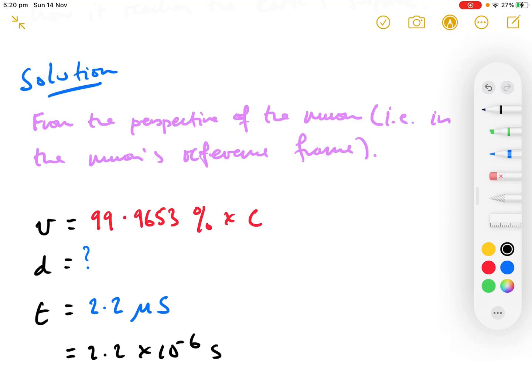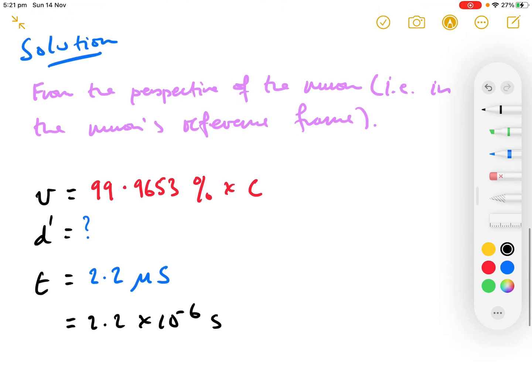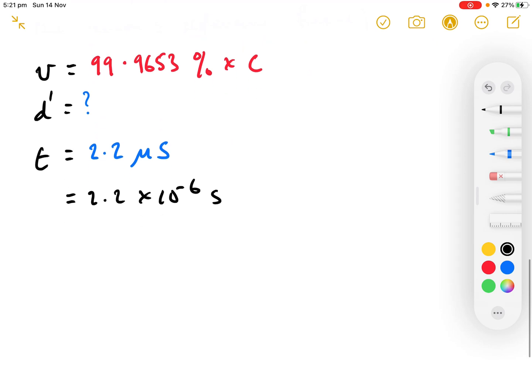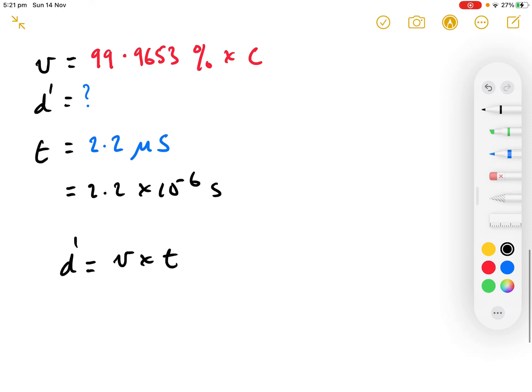So this muon is going to see the contracted length, which I'm going to call d dash. Let's look at what length the muon thinks it has travelled. We can simply say that distance equals speed times time, and this is my d dash, my contracted length, remember.